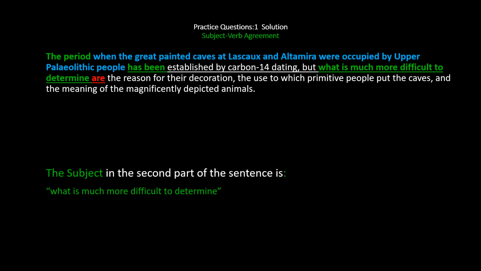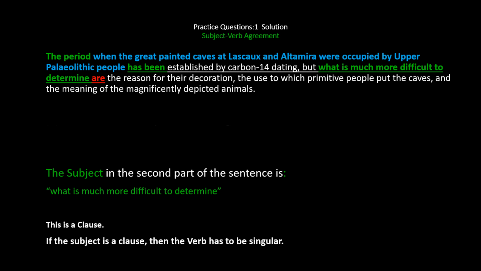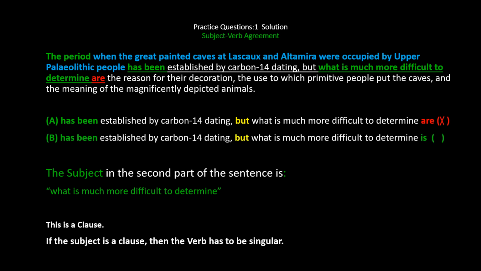However, sometimes you could see the differences or common elements in the middle of the options. So you should always look for the common elements or the differences in the beginning or at the end or in the middle of the options. Now I see that the last word in option A is are, and the last word in option B is is. Again, a singular and a plural verb.